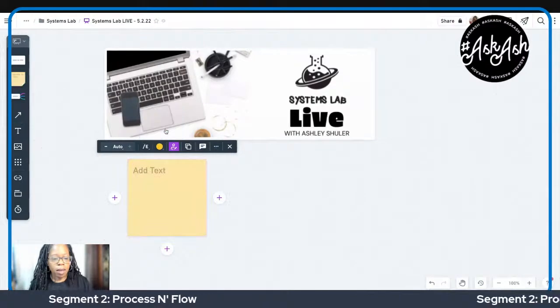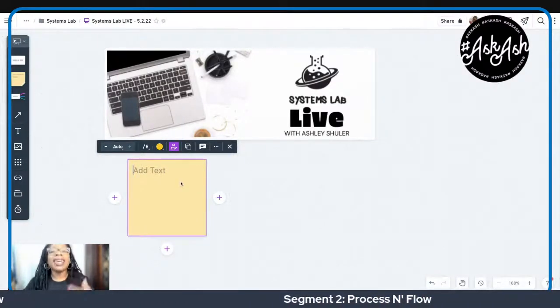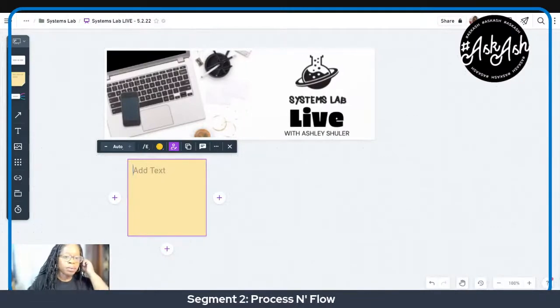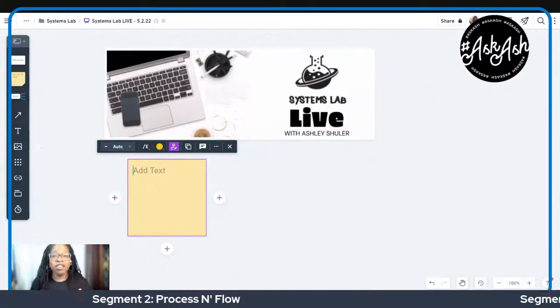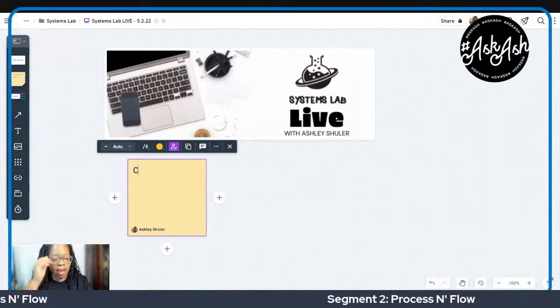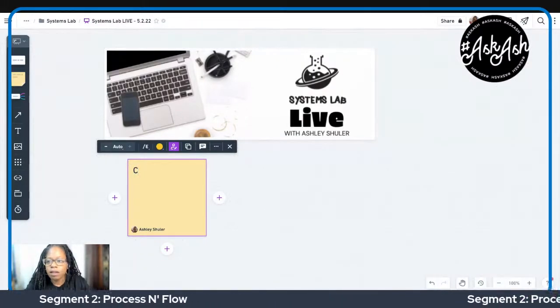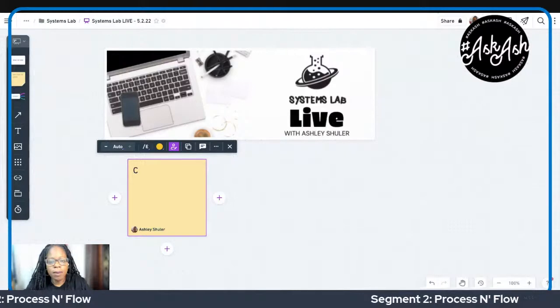I'm going to make the sticky right here, and I'm going to define content operations. We're going to get the definition of content operations, so I'm going to type it out right here.